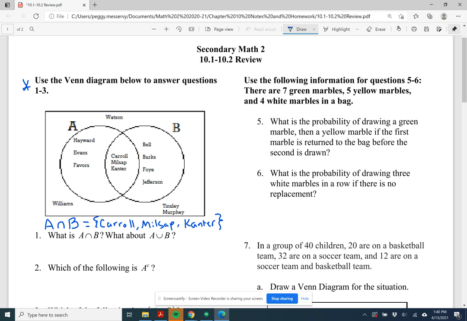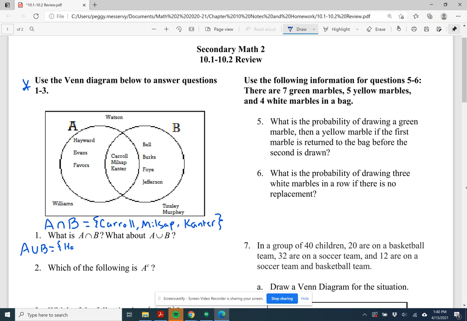Now, the second part of it, what is A union B? Remember, this one is the union, so I want everything in A or B or both. So I take all 6 of the things that are in A together with the 4 that are in B. So we're going to list all of them, and I'm probably going to write them on 2 lines.